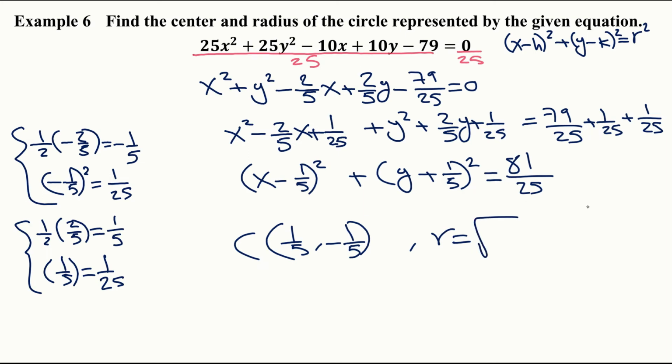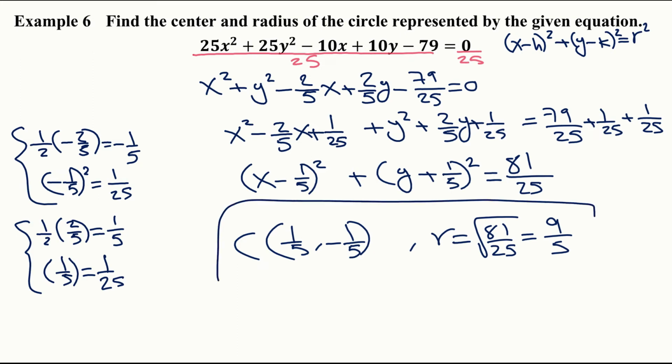The radius is going to be the square root of that, right? So we get 9/5. All right. So there is the center and radius of that circle. That's how you handle it when the lead coefficient is not 1. Get rid of whatever you need to get rid of to make the lead coefficient 1, and then proceed as before.